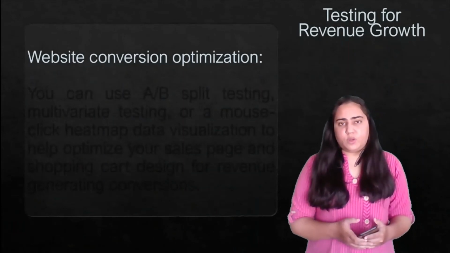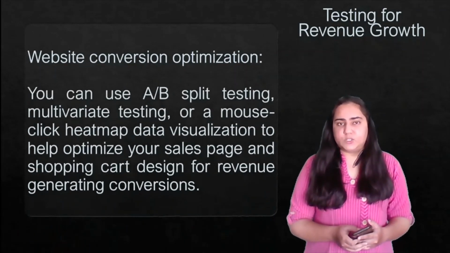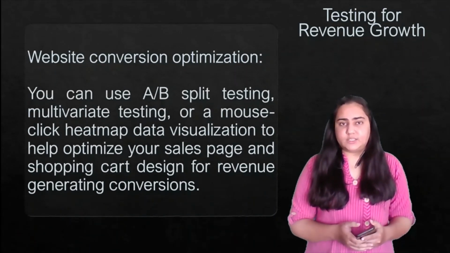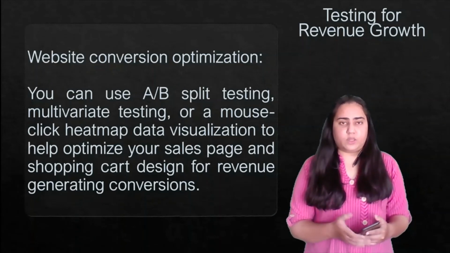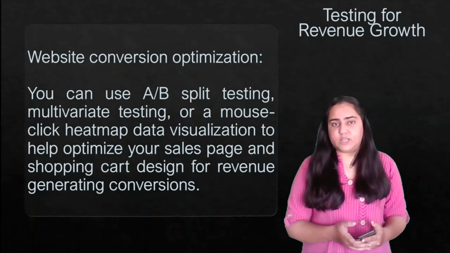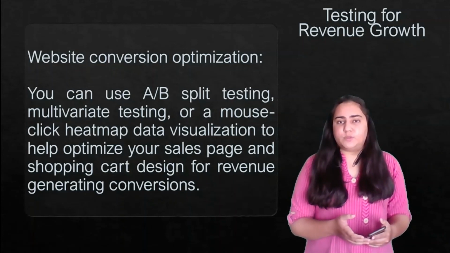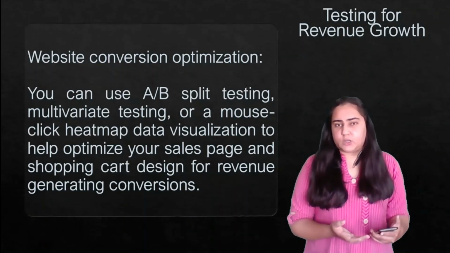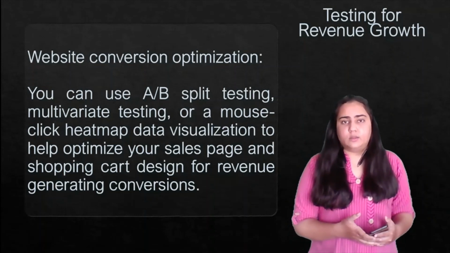Number one is website conversion optimization. You can use A/B split testing, multivariate testing, or mouse click heat map data visualization to help optimize your sales page and shopping cart design for revenue generating conversions.